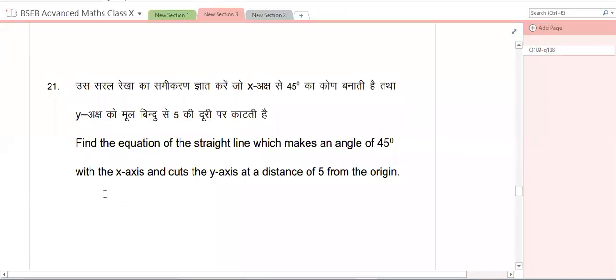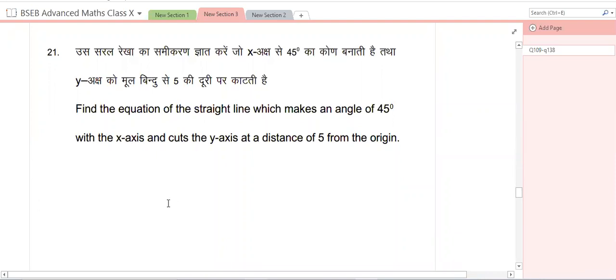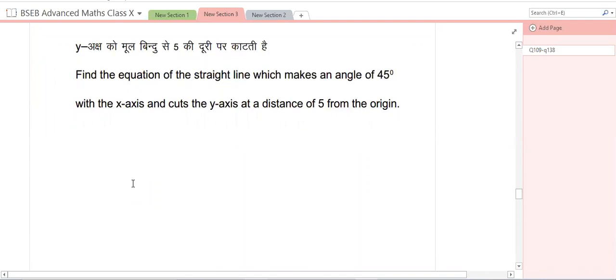Question number 21. Find the equation of the straight line which makes an angle of 45 degrees with the x-axis and cuts the y-axis at a distance of 5 from the origin. Let's see what's happening here. The angle needs to be 45 degrees with the x-axis, and it cuts the y-axis at 5 from the origin.